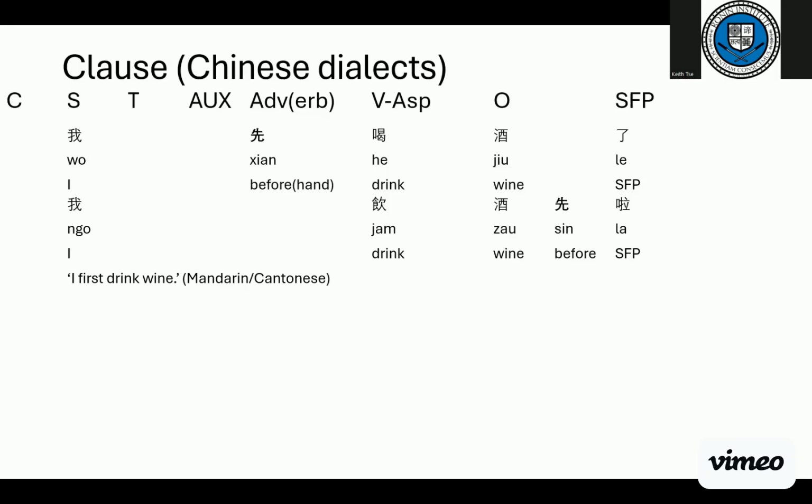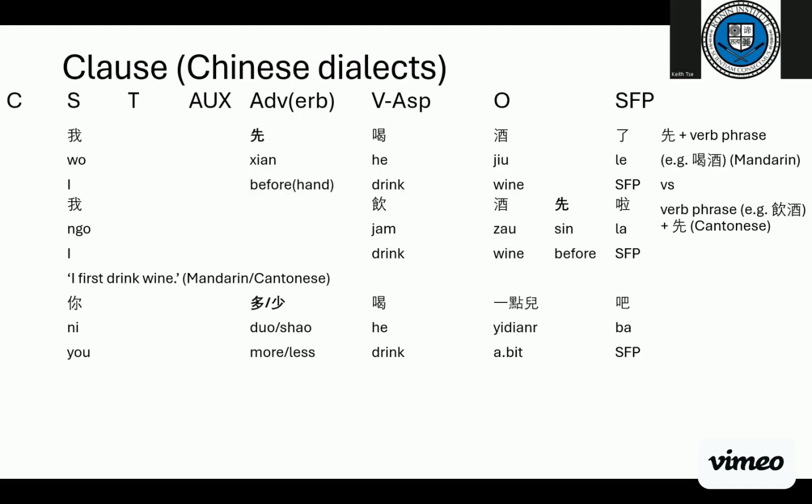In Cantonese, the 先, the adverb, comes after the object. So it really comes after the verb and the object, after the verb phrase. Whereas in Mandarin, 先 comes before the verb phrase, drink wine. In Cantonese, 先 comes after the verb phrase, 飲酒先.